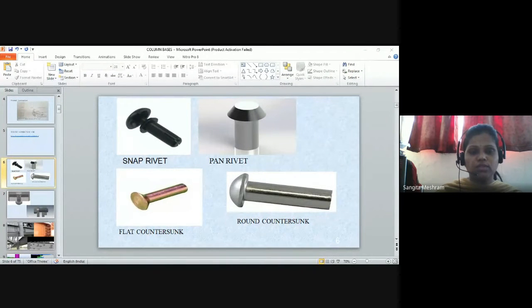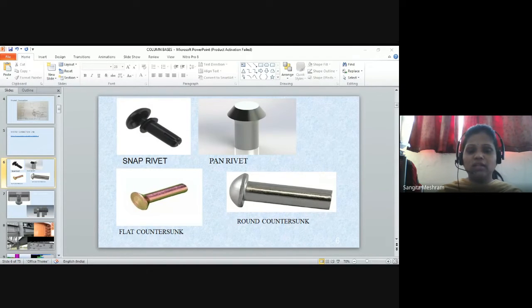So this is the process we use for riveting. On the field, one rod with high heat is inserted into the hole, then we can apply additional heat and then the hammering process. It will form a rounded shape.